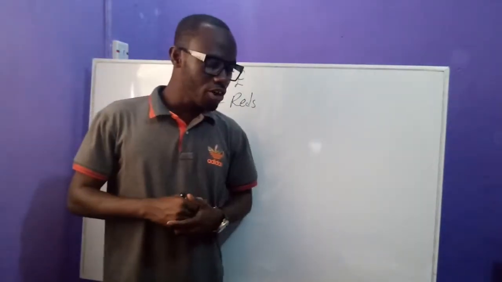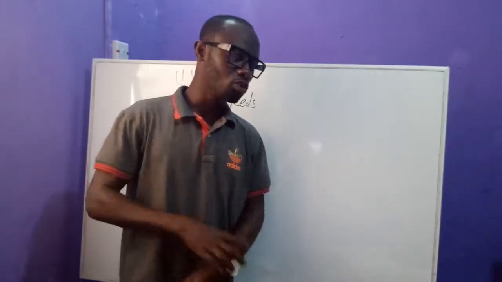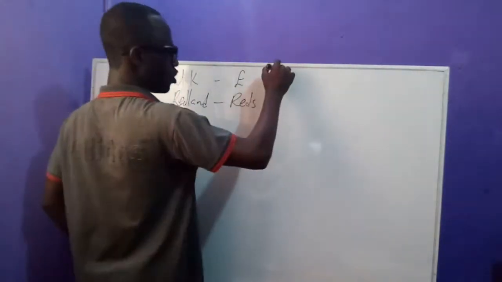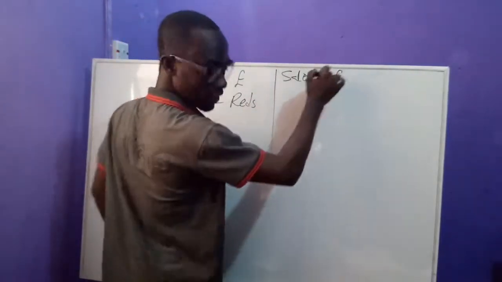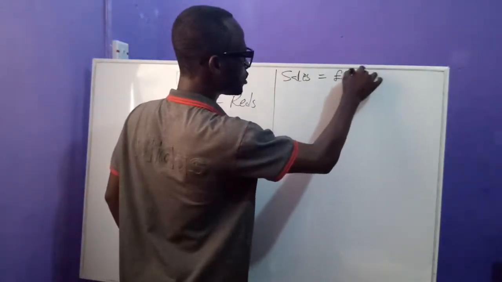The goods are resold in the UK for £32,000. So when we buy the goods, we will sell it for £32,000.